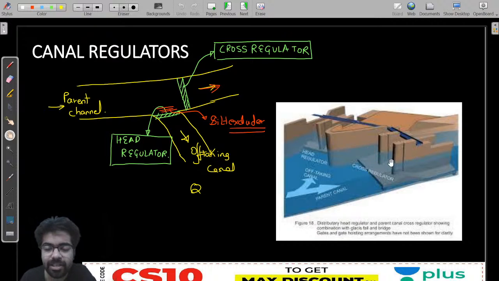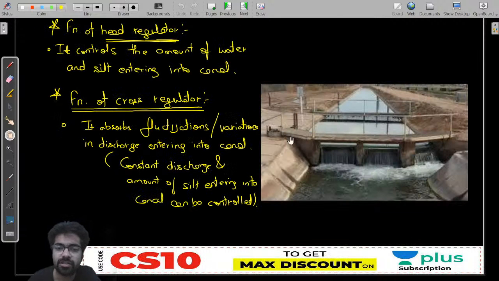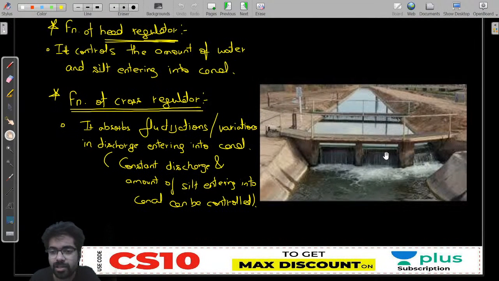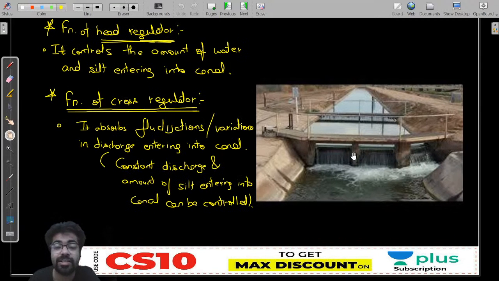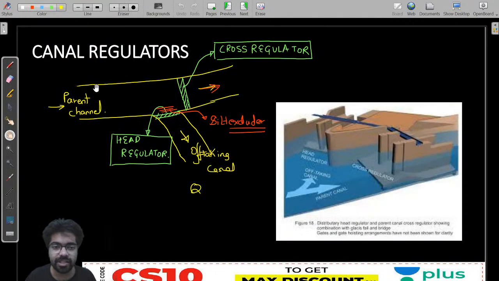Obviously, gates are better in controlling. See, in this example, gates are provided, so obviously it is a kind of barrage, a small barrage. So it is similar to that. Cross regulator is nothing but the same as weir and barrage. You have already studied this in canal diversion headworks, in which you try to divert.